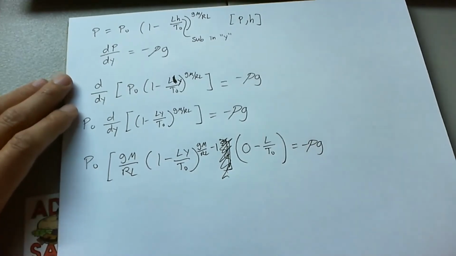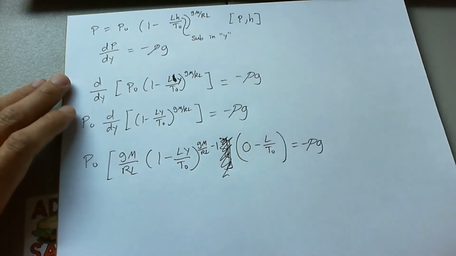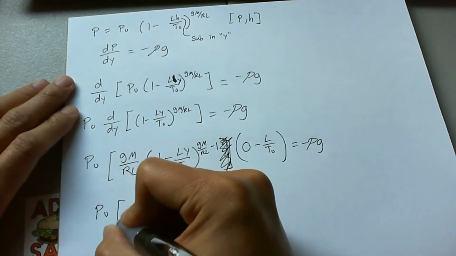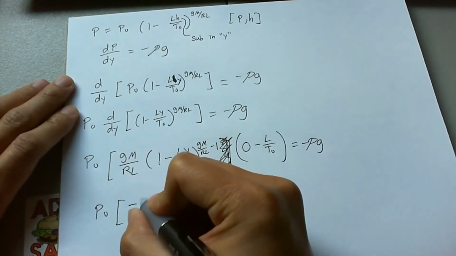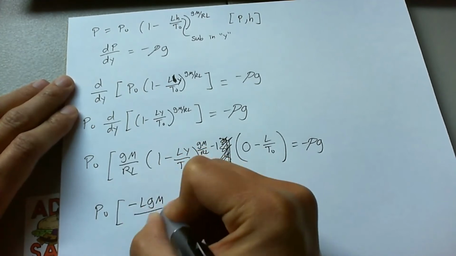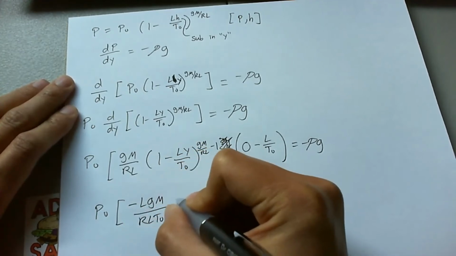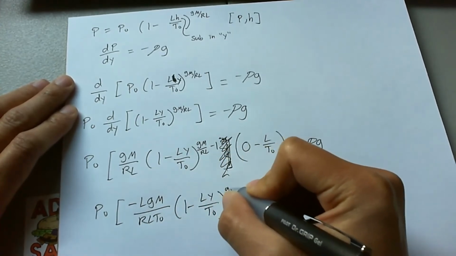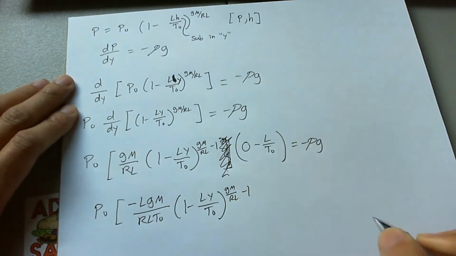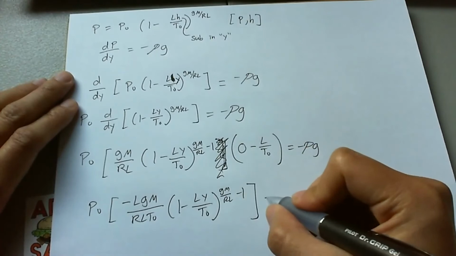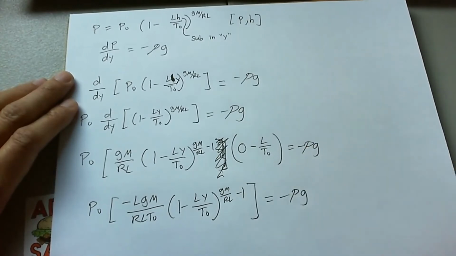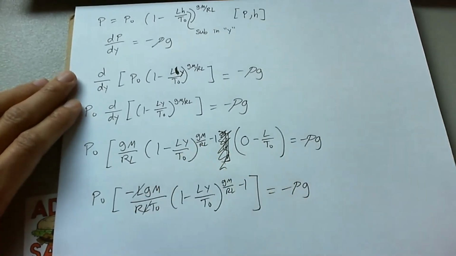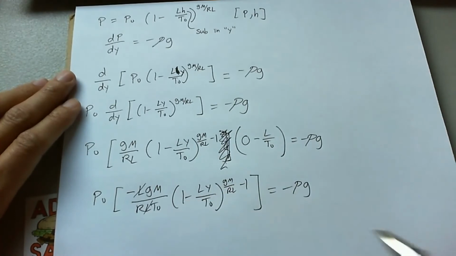Okay, simplifying this a little bit more, we get P naught times negative LGM over RL T naught, times 1 minus Ly over T naught to the power of Gm over RL minus 1, equal to negative rho G. The L's cancel out.